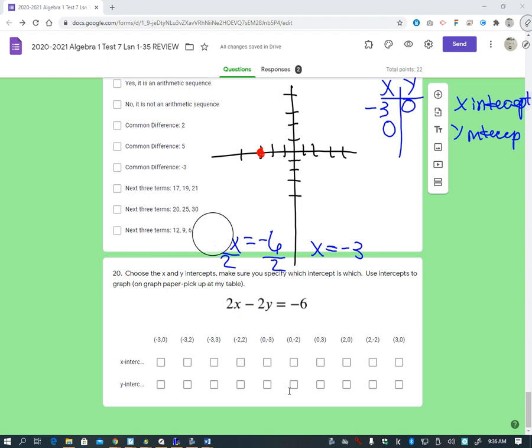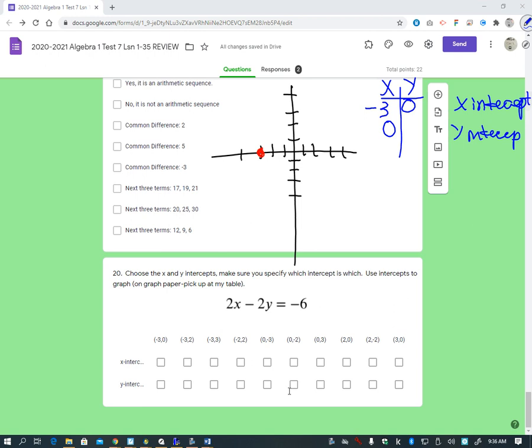Solve for the y-intercept. What do I do to solve for the y-intercept? Zach? Look up here. Remember, look at our table. We're solving for the y-intercept, right?